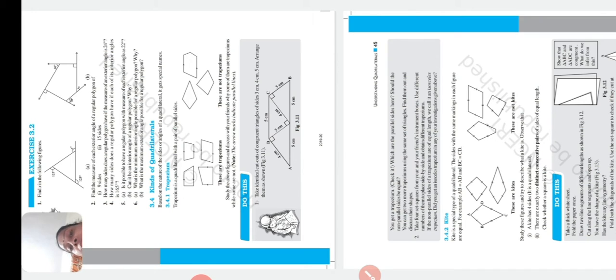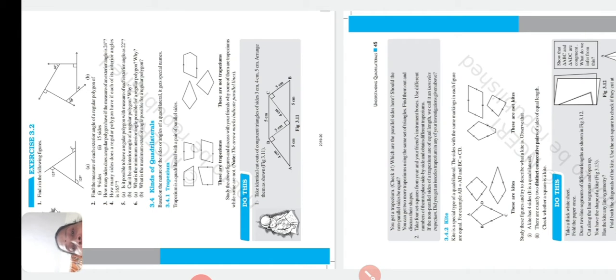Means in a trapezium, if one pair of opposite sides is parallel and the other two sides are equal, then it is called an isosceles trapezium.